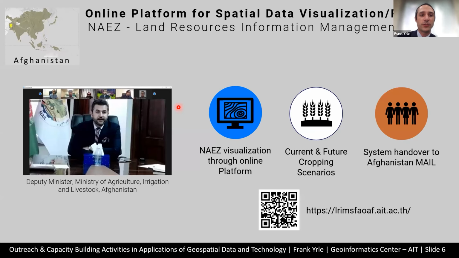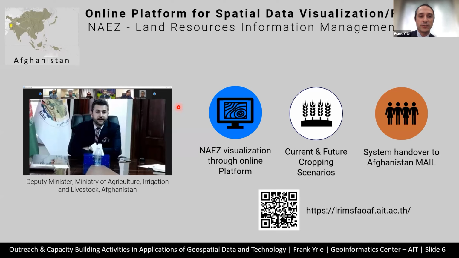And then now shifting towards agriculture, Professor Rajendra got into our agroecological zonation. And so we had one project in Afghanistan where FAO was working with the Ministry of Agriculture there to do national agroecological zones. And so we came in to make an online visualization platform for all that and to look at the current and future cropping scenarios.